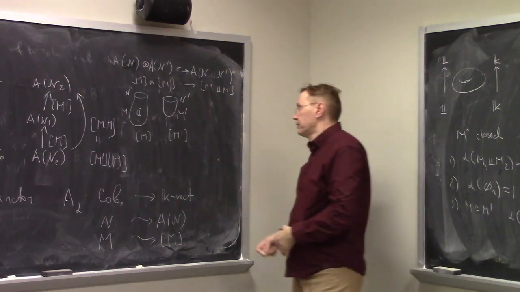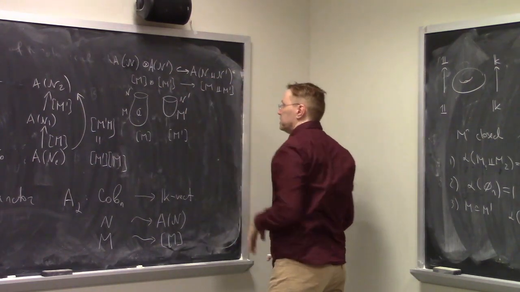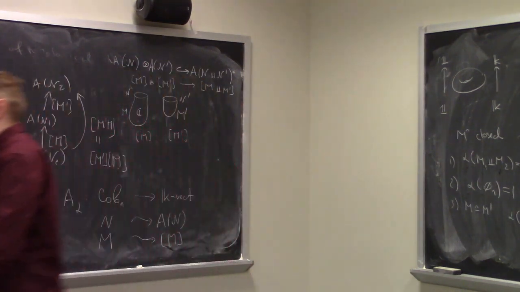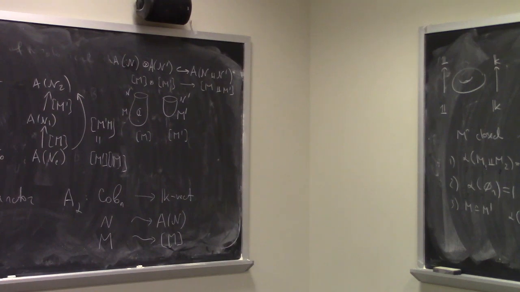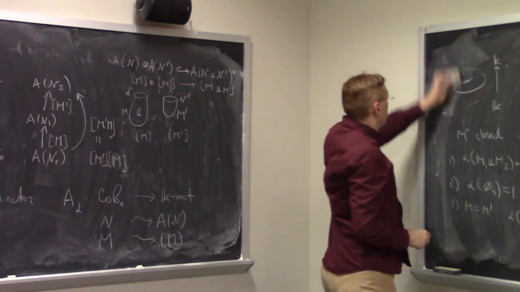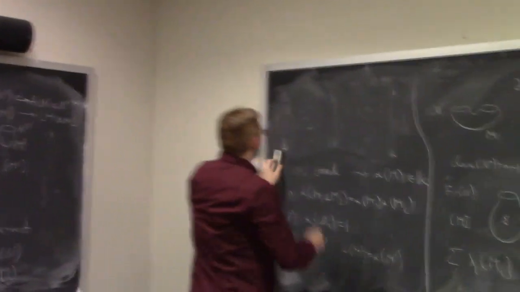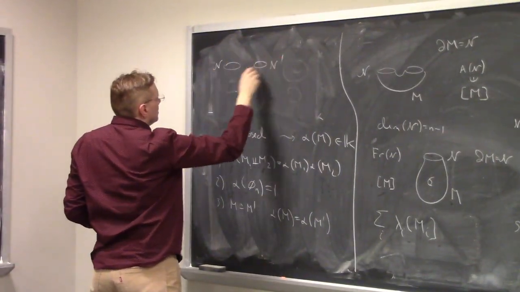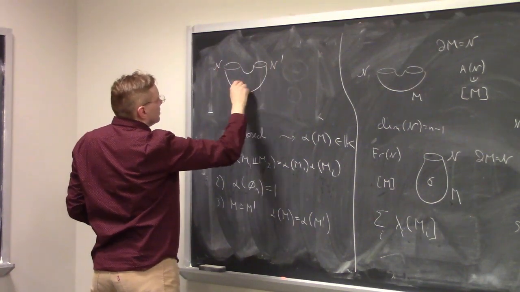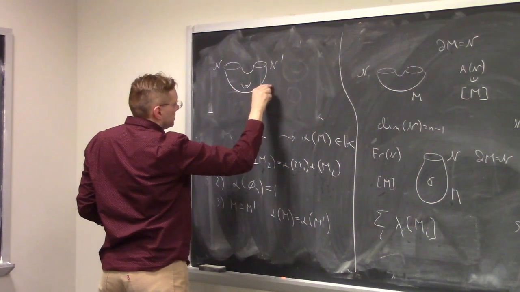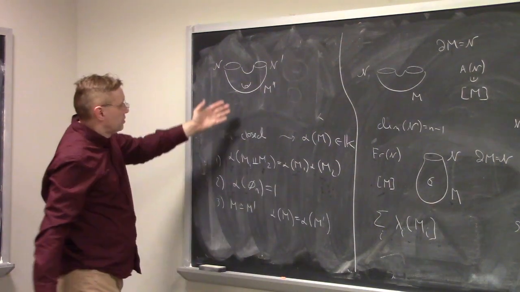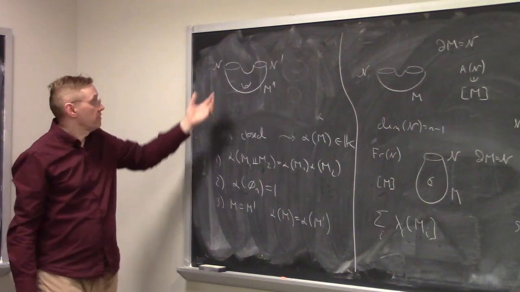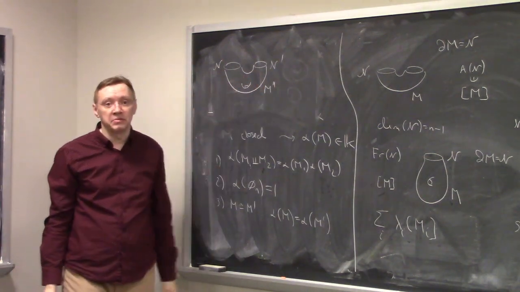It's a product. But what happens is you might not capture the whole space, because in the state space for N union N prime, you might have some manifolds M double prime that do not decompose as linear combinations of manifolds of this form, something which bounds N, union something which bounds N prime.